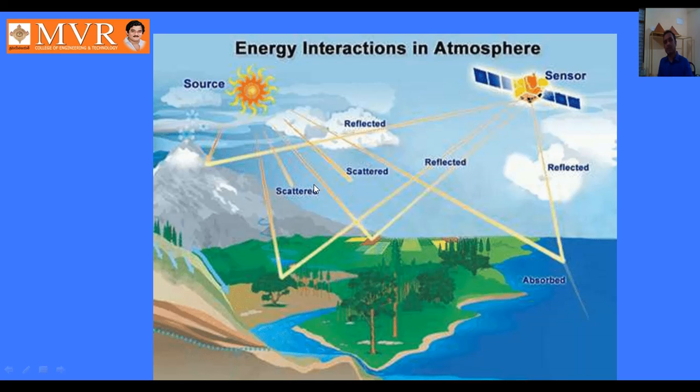Due to these, some radiation is scattered. Once the radiation passes through the atmosphere to the earth surface, it again goes back to the sensor. So the sun energy interacts two times with the atmosphere.